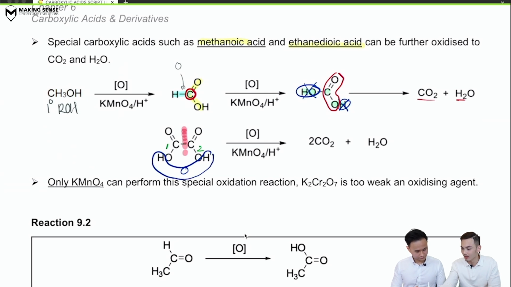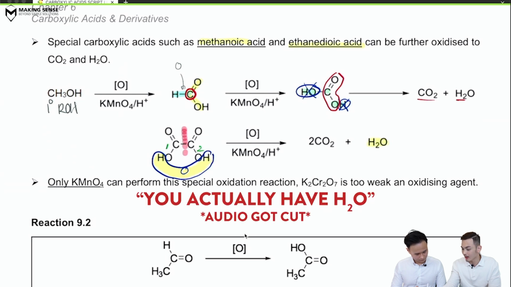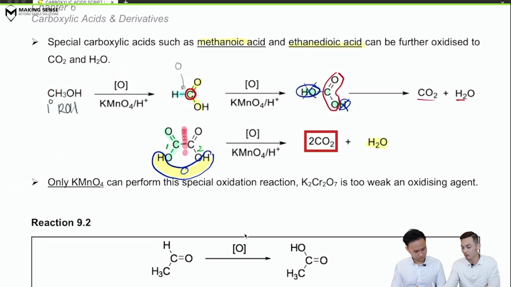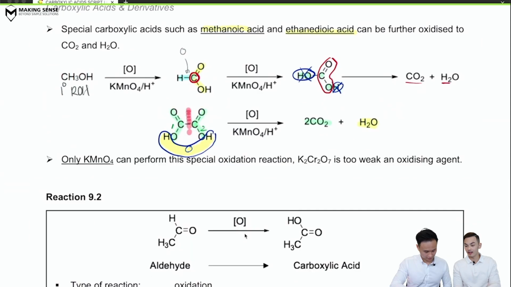I'm just going to color code this. You will see that what you have formed is H₂O, and whatever is left behind will be two molecules of CO2. And that's how it works. Bear in mind, only KMnO₄ is able to do this oxidation. K₂Cr₂O₇ is too weak to perform this oxidation.